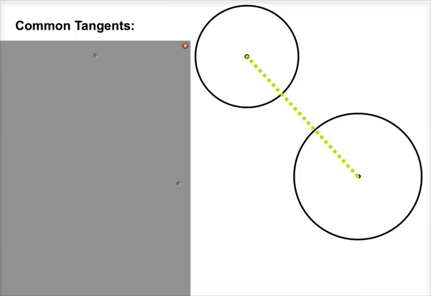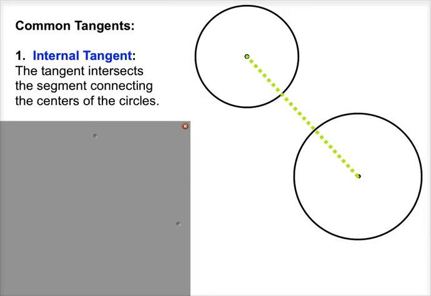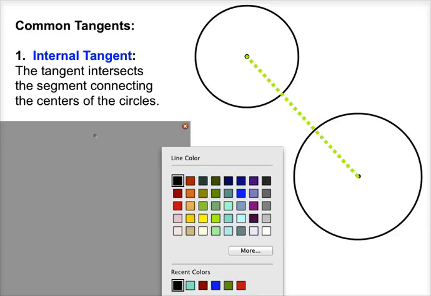Common tangents. If I look, I have two circles on the right, and I drew in a dashed line that connects the centers together to help me describe different types of tangents. The first type of tangent is an internal tangent. The tangent intersects the segment connecting the centers of the circles. So if I imagine coming in here and drawing in an internal tangent, here's what it would look like.